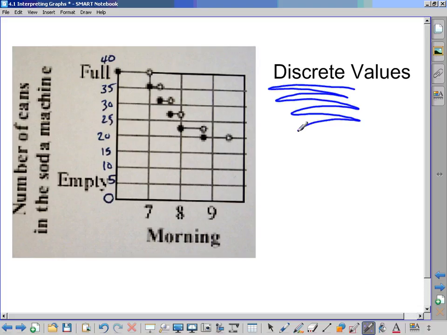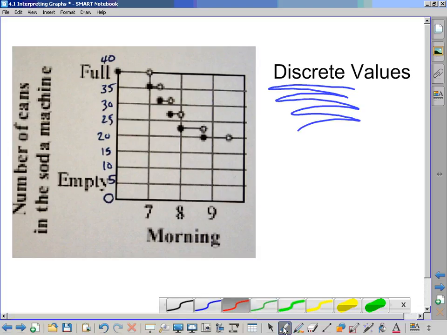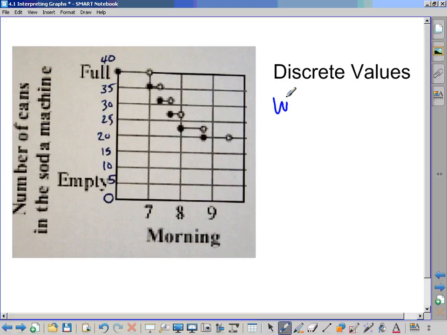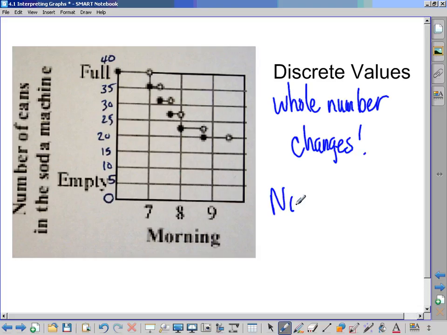You want to clarify that on your paper. A discrete graph is one that changes in whole number increments or integer changes. All right, it changes with whole numbers. No decimals, no fractions.